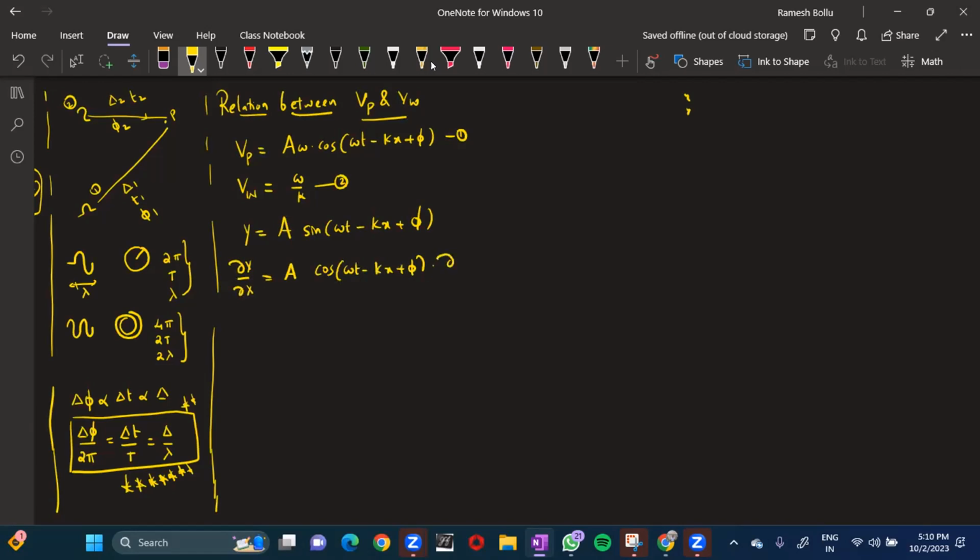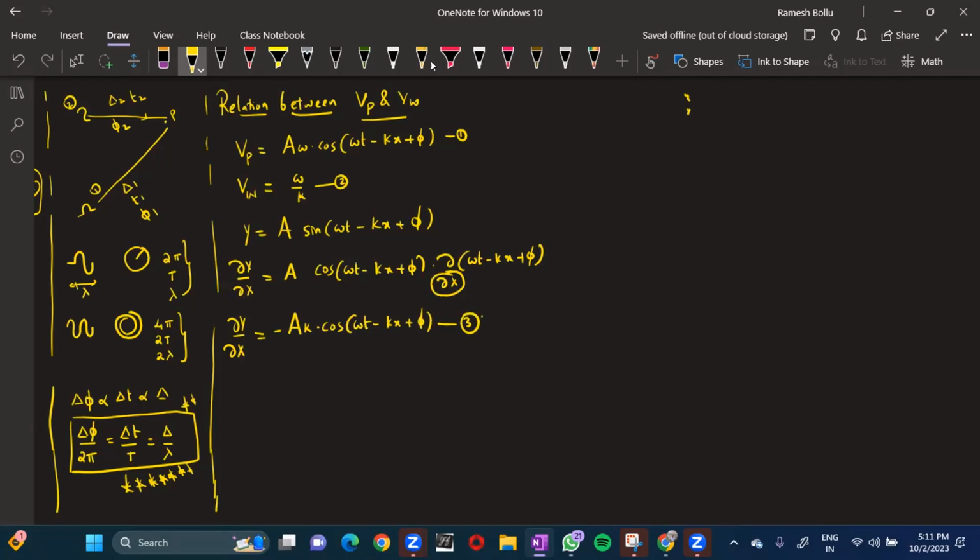But one more time I have to differentiate the inside, omega t minus kx plus phi. I told you, in partial differentiation, except x everything is constant. So I can write dou y by dou x equals a into minus k, which comes outside, into cosine of (omega t minus kx plus phi). This is equation number 3.